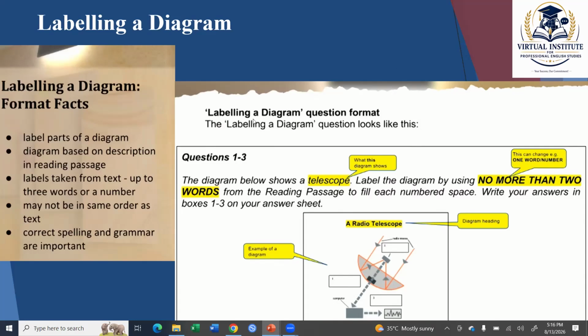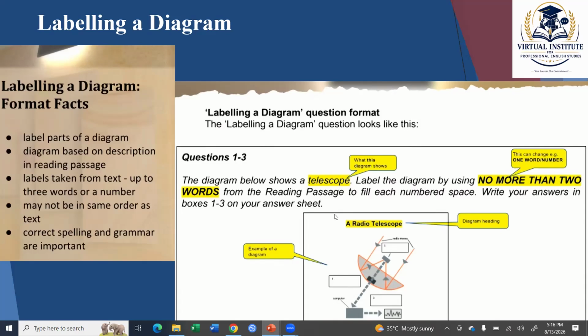Now, here is a question type. Labeling a diagram question format, right? This is how it looks. The diagram below shows a telescope, right? Label the diagram by using no more than 2 words from the reading passage to fill each numbered space.